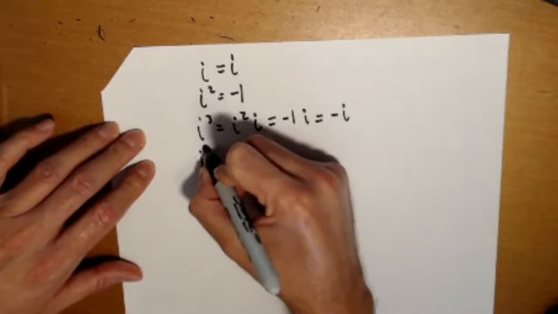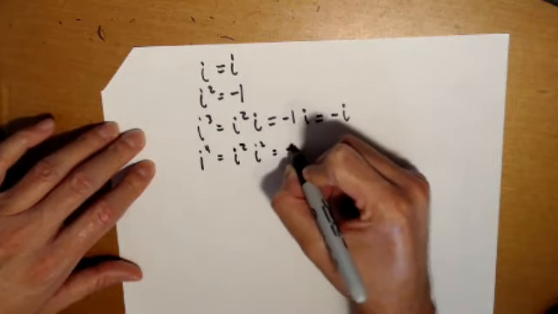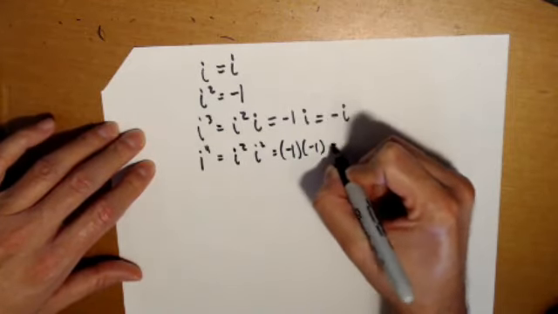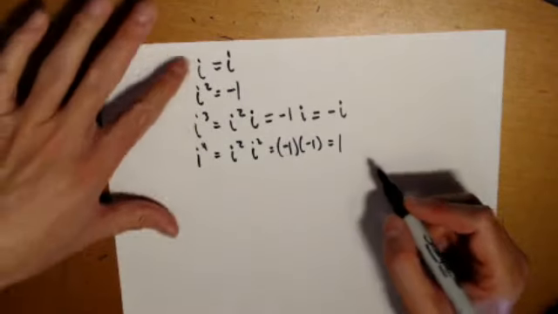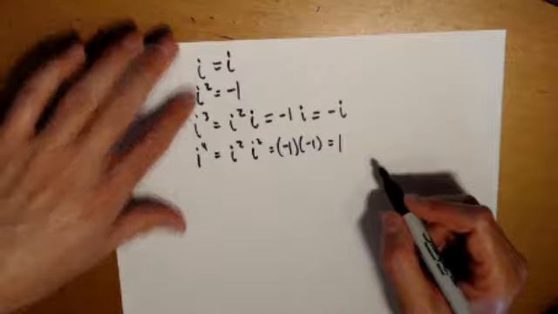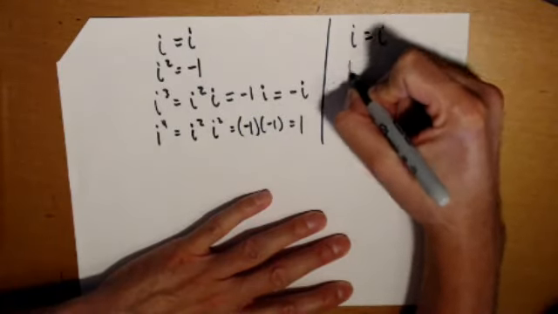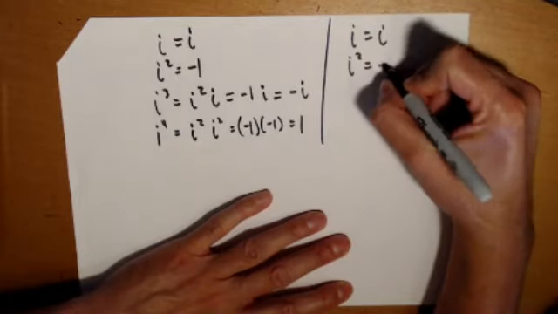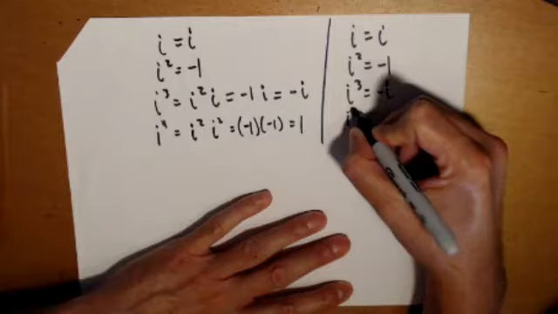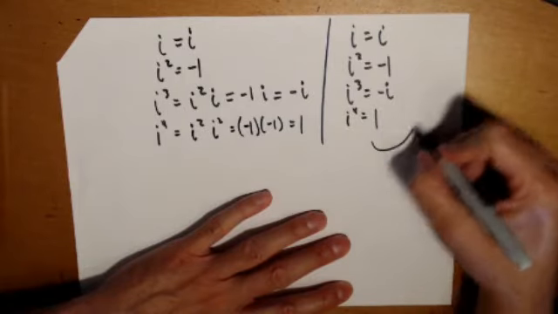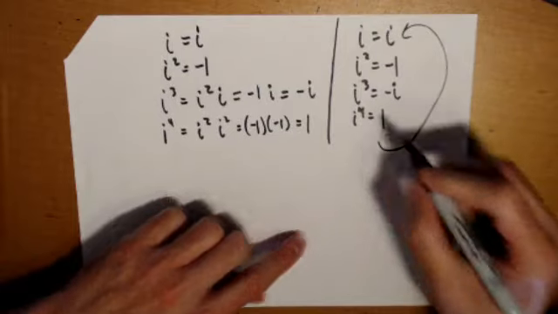And if someone said i to the 4th, I could think of that as i squared times i squared, which is negative 1 times negative 1, which is 1. So the pattern with i to a power is every 4. Let me write it one more time: i, i squared is negative 1, i to the 3rd is negative i, i to the 4th is 1. And then the pattern repeats. So it's all based on a pattern of 4.